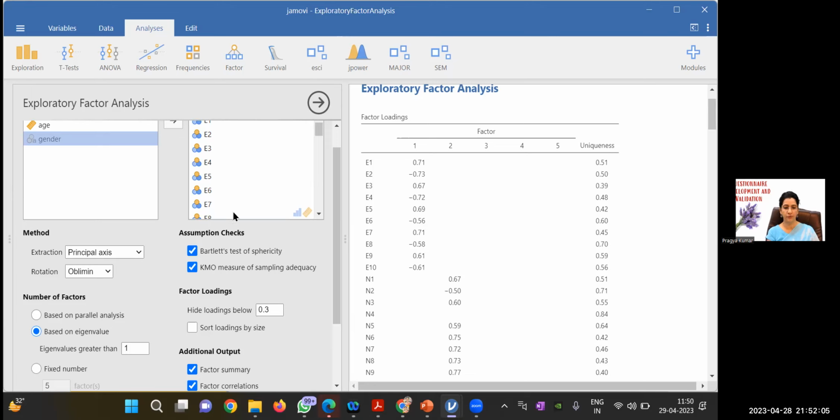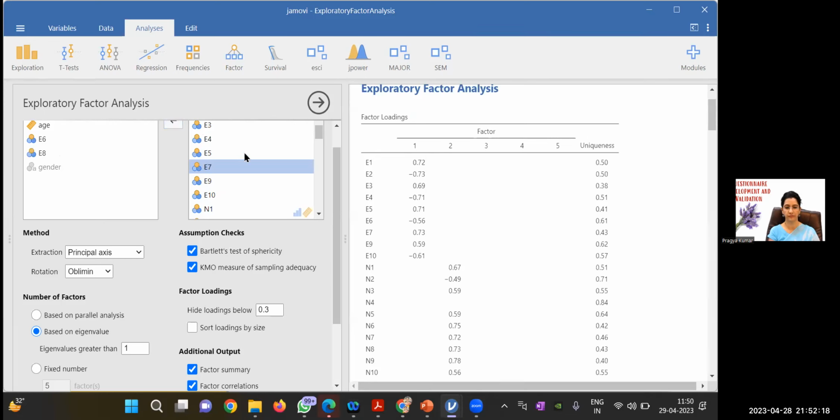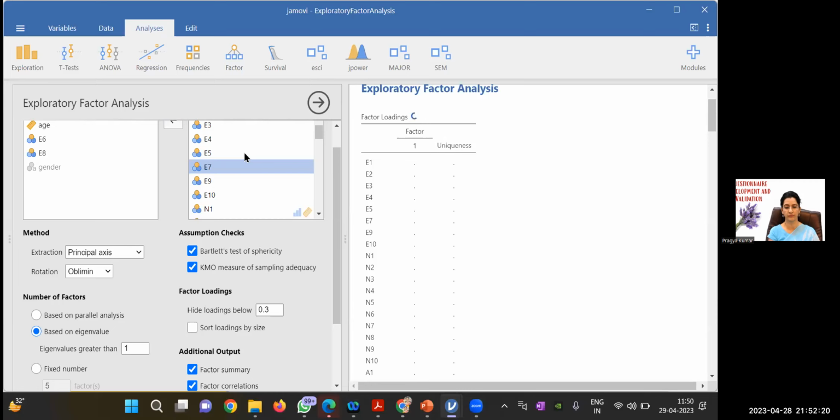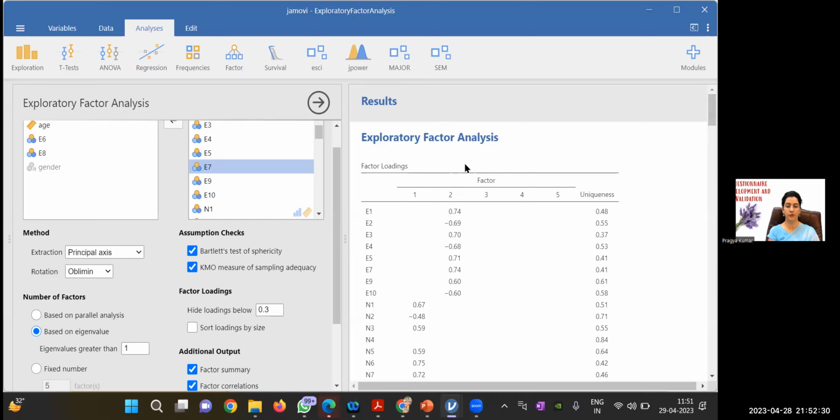So if you remove this E8 and maybe E6, these are getting loaded on this factor 2.